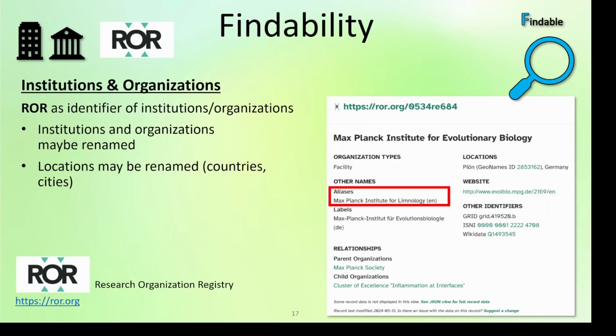So locations may be renamed, so it makes sense to have an identifier for institutions and organizations, and it does no longer matter what is changing.